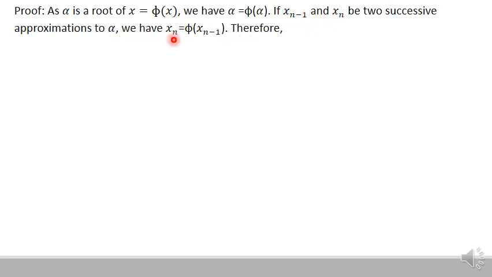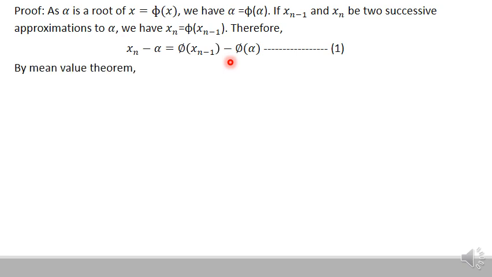Then xn is nothing but phi of xn minus 1, and hence, just by finding the difference of these two equations, xn minus alpha is equal to phi of xn minus 1 minus phi of alpha.